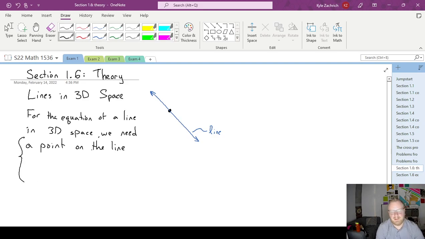Two things. We need a point on the line, and we're going to use the same notation as we did for a plane. So we need a point on the line, P naught, and we need a direction vector.